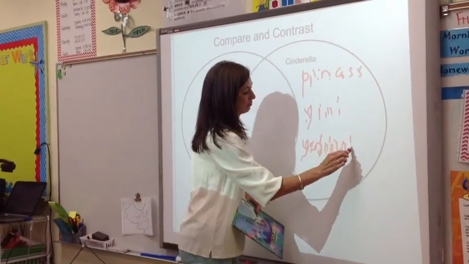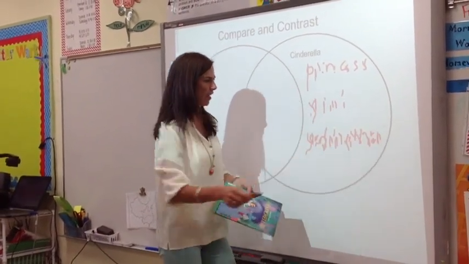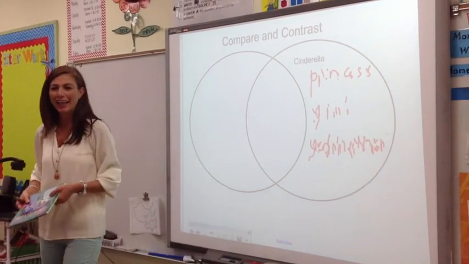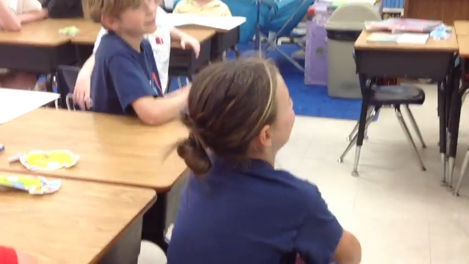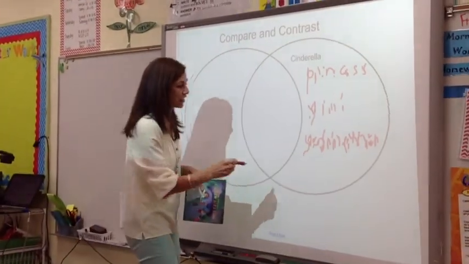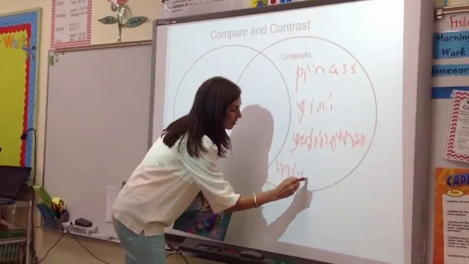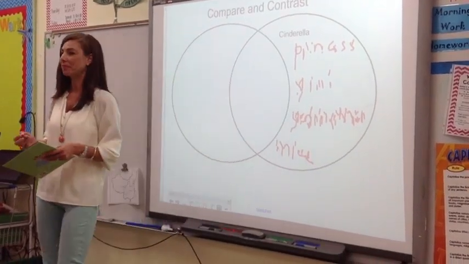I hope that I'll rewrite these, because you certainly can't read that. Lexi? She has mice that help her to kind of get herself together? Yes. I'm going to recalibrate this in a minute. Emily? She has a glass slipper.